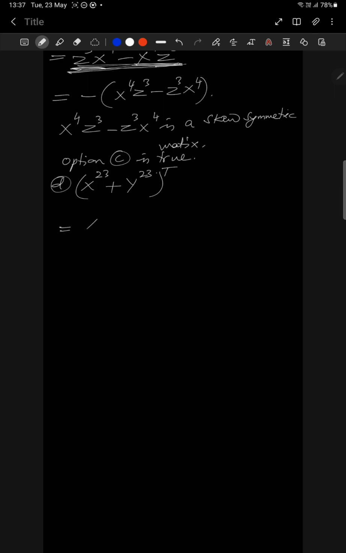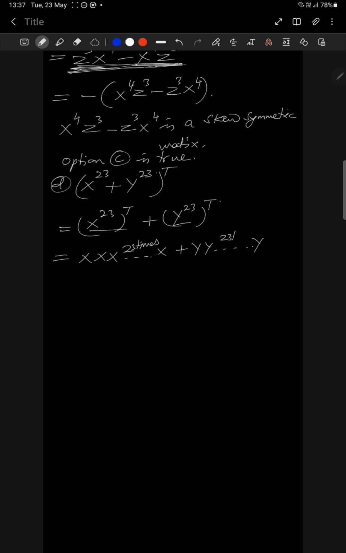Then it will be written x to the power 23 transpose plus y to the power 23 transpose. x to the power 23 is nothing but x into x into x, 23 times, and y to the power 23 is y into y into y, 23 times, whole transpose.